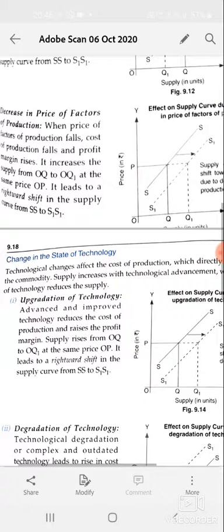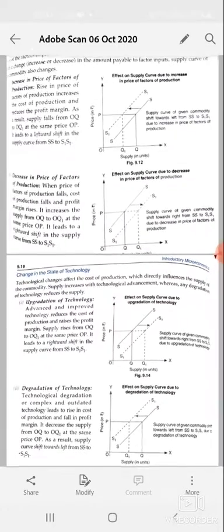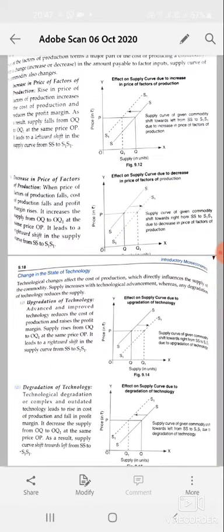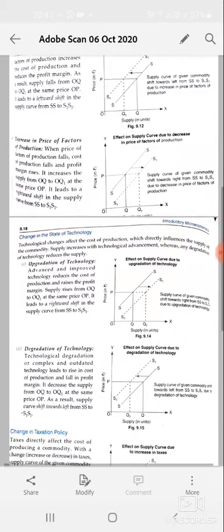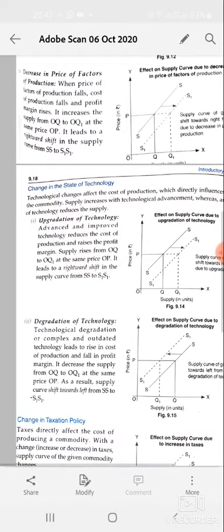If a producer uses upgraded, advanced or improved technology, it reduces the cost of production because production becomes very fast, and as a result the profit margin will increase. When the profit margin increases, the supplier will supply more units of the commodity, as you can see in figure 9.14.